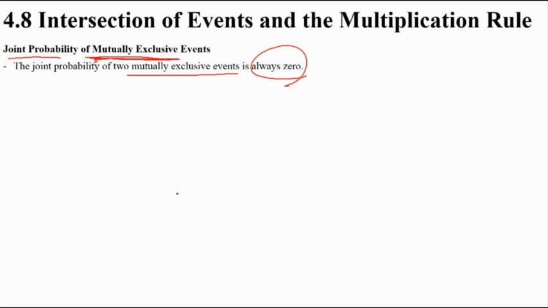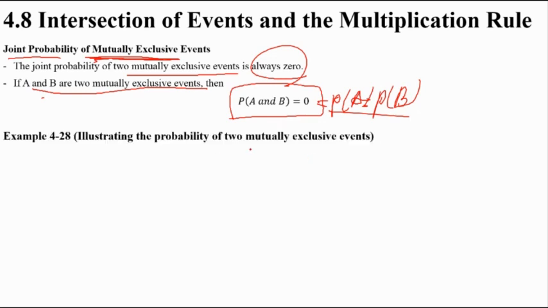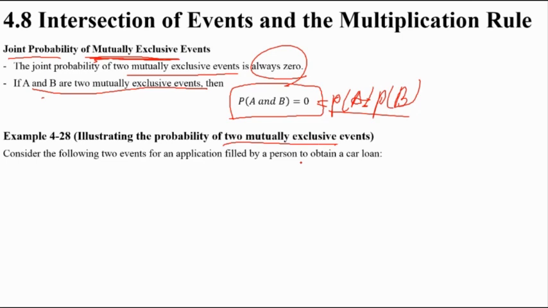Head is one half, but if head comes out, tail never comes out. Mutually exclusive. So for mutually exclusive events A and B, the joint probability P(A and B) will be zero, because they never happen together.